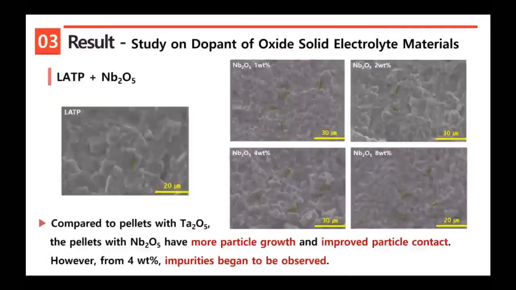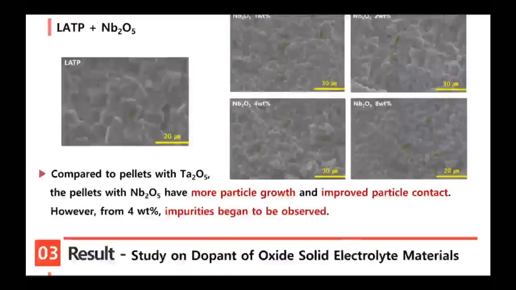Compared to the pellet with tantalum added, in the pellet with niobium added, particles grew further, particle contact was improved, and a much denser microstructure was formed. It can be expected that this structure produces a high relative density of pellets.